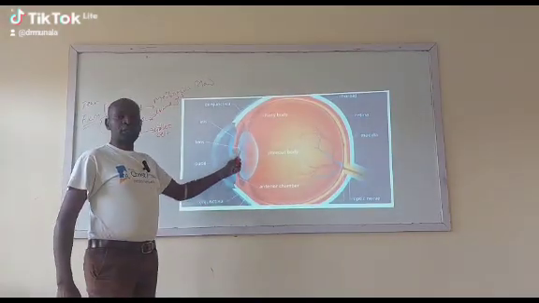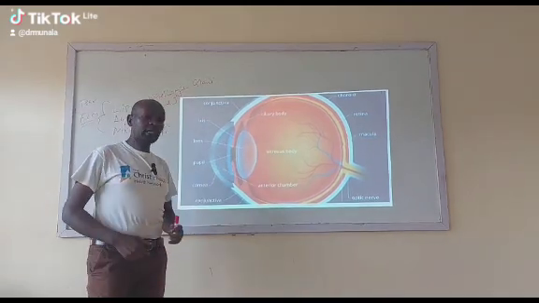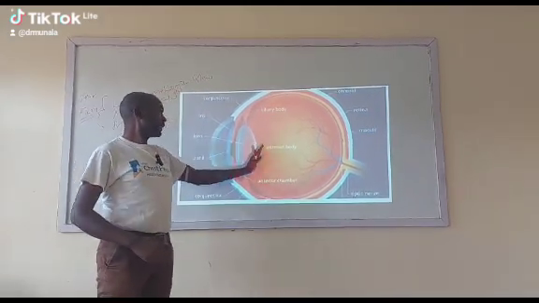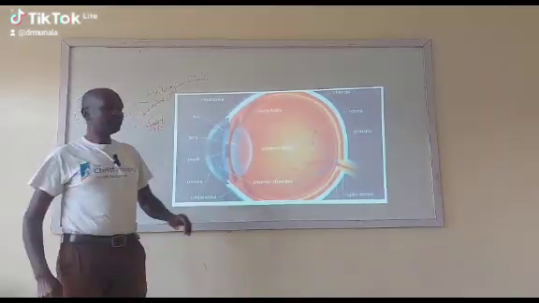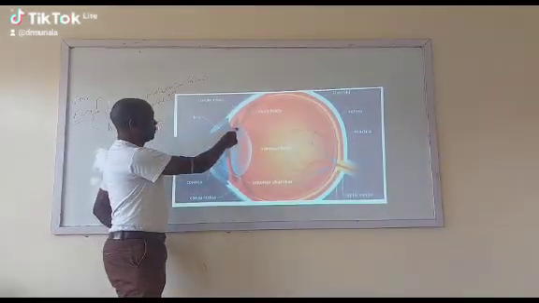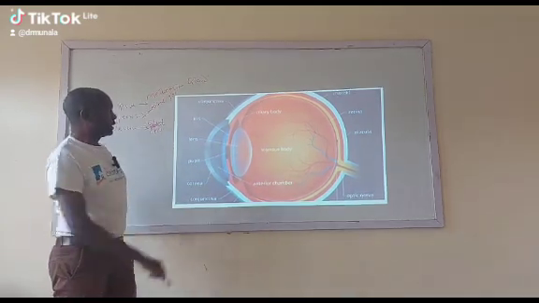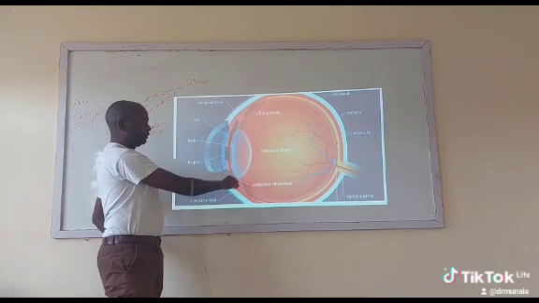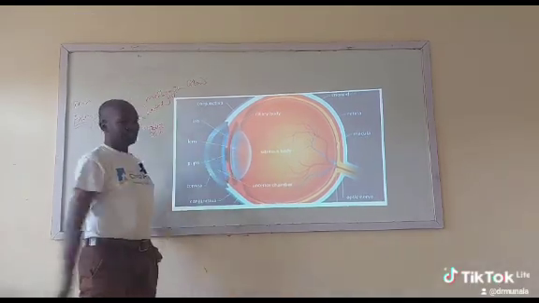Then we come to what we call the lens. The lens itself has the anterior capsule and the posterior capsule. And as you can see, when you look at it carefully like this, you will realize that posteriorly it's more convex compared to the anterior.